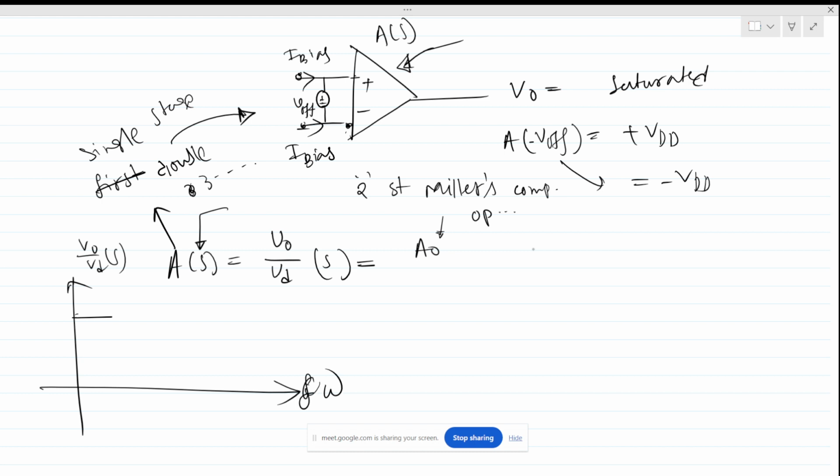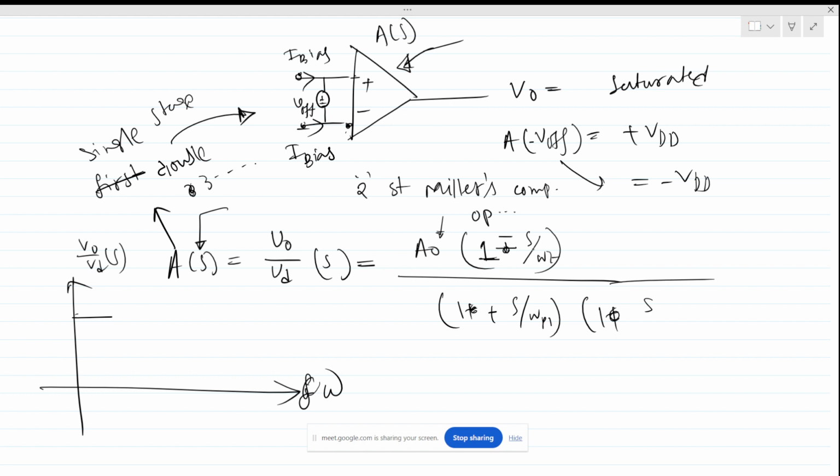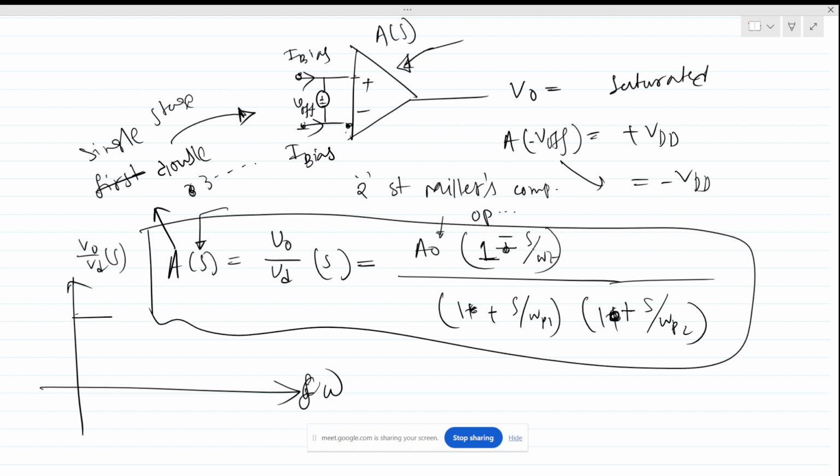So DC gain times, for two stage Miller compensation, there is a zero, a right half plane zero for this Miller cap, so 1 minus s over omega z, and there are two poles, 1 plus s over omega p1 and 1 plus s over omega p2. For a two stage practical Miller op amp, the transfer function looks like this. But in general we neglect these poles and zero, and concentrate only on the DC open loop gain.